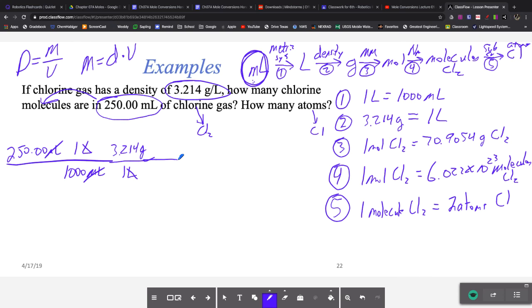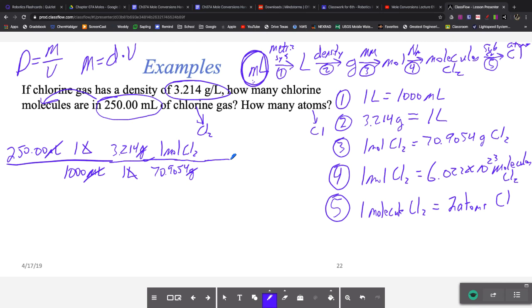Okay? So that'll give us grams, and then we're going to use our molar mass to change our grams to moles. So since I have grams on top, I want grams on the bottom. And that's equal to 1 mole. So my grams cancel out.